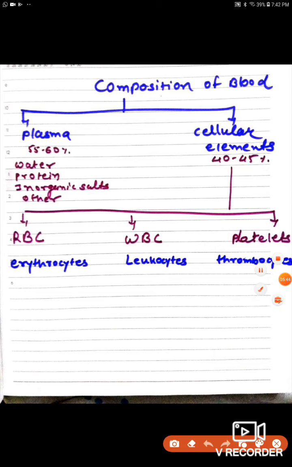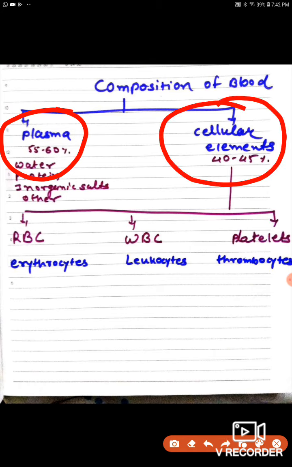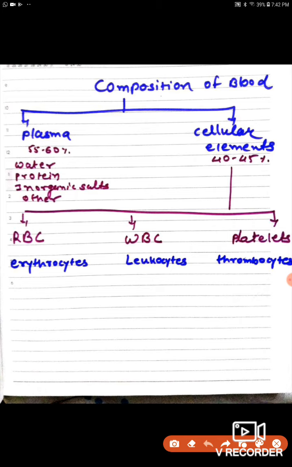Two main types of components are present in the blood: the liquid portion, which is called plasma, and many kinds of cells, which are called cellular elements. The plasma is 50 to 60% of the blood, and the cellular components are 40 to 45%. Plasma contains water, protein, inorganic salts and other things.